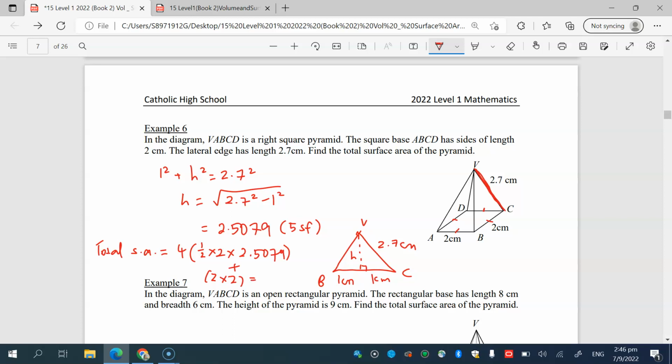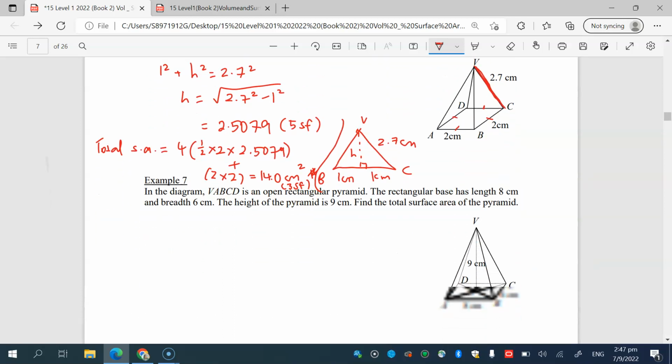Okay, so final answer 3SF. All right, it will be 14.0319. So it's just 14.0 cm square to 3SF.